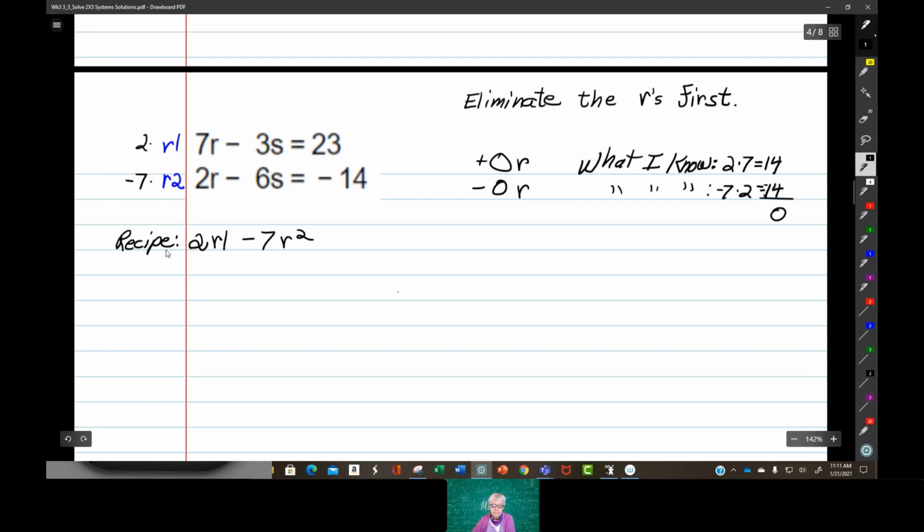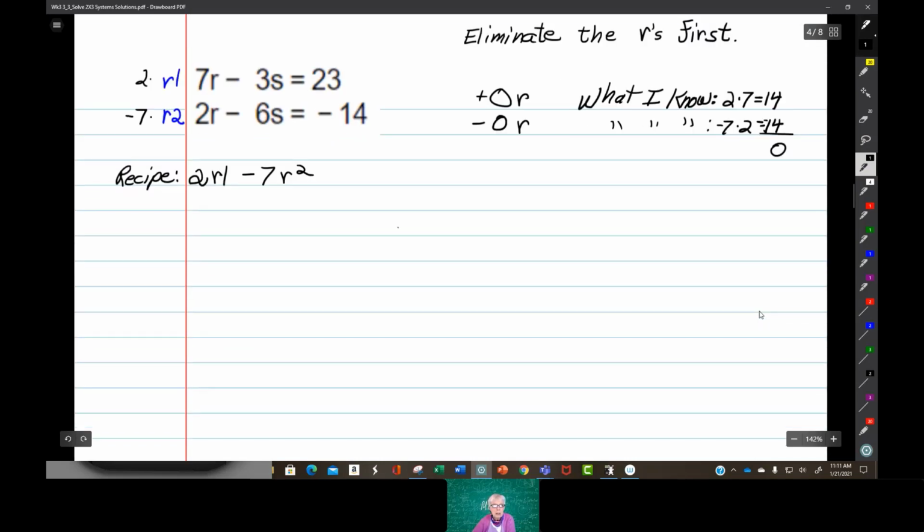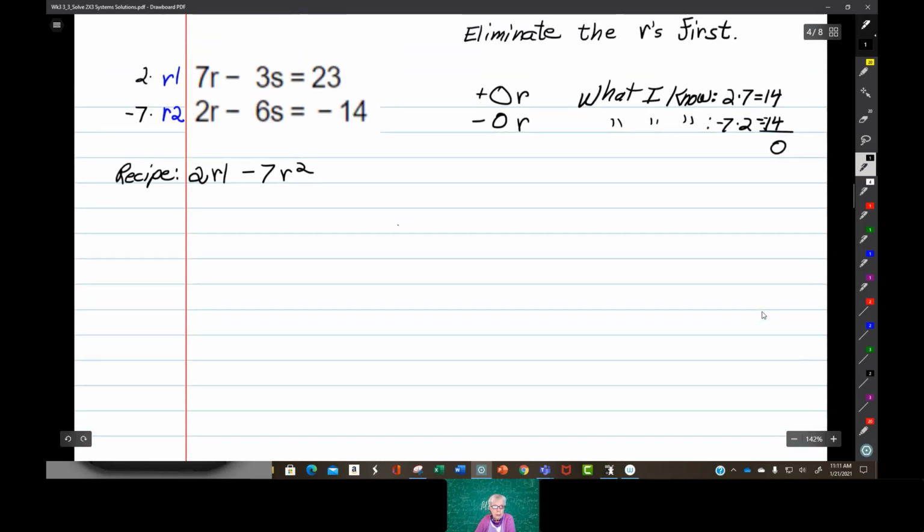Forgot to write that. Okay, so here we go. I am going to find 2 times row 1 and negative 7 times row 2, not squared, you silly goose.